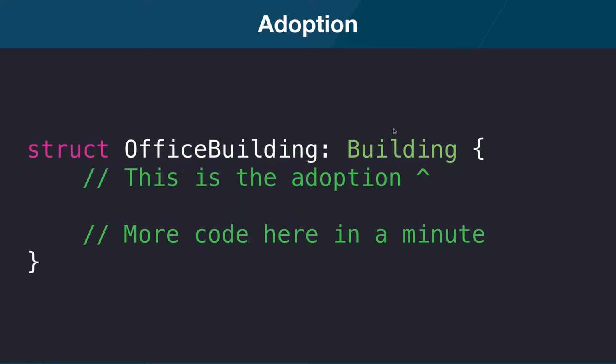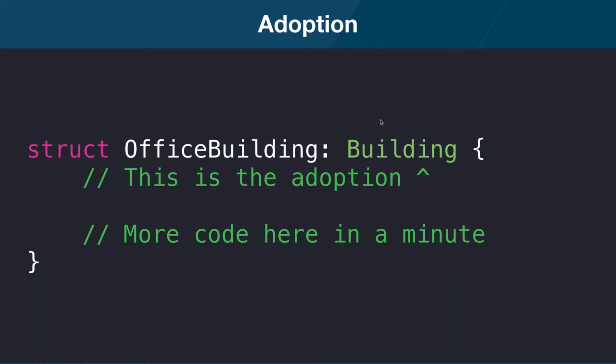And so what we're going to do here is put a colon and say Building. This is kind of similar to subclassing. The syntax is similar, where if we had a custom view controller, we would say MyCustomViewController, and then colon UIViewController. It's sort of similar in that sense.